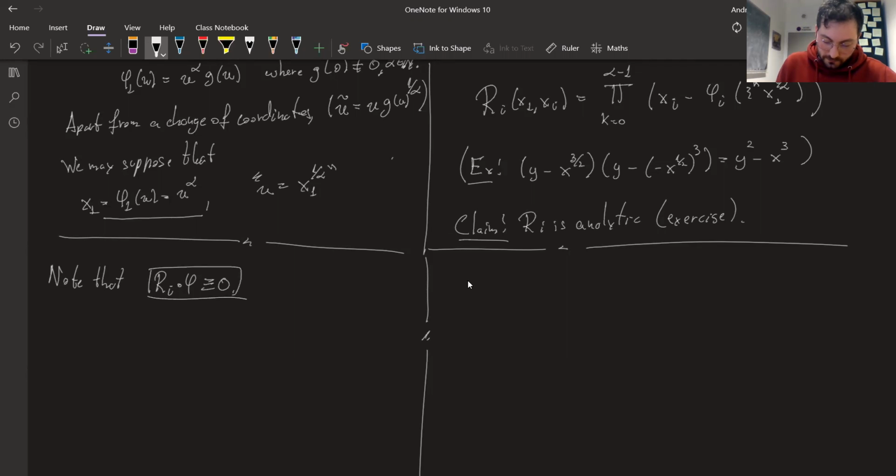So we do have the curve that we wanted. We can consider the curve gamma_0, given by R_2 equals R_3 through R_n equals 0. This is going to give us a locally defined curve there.